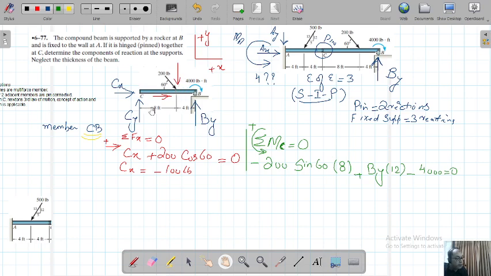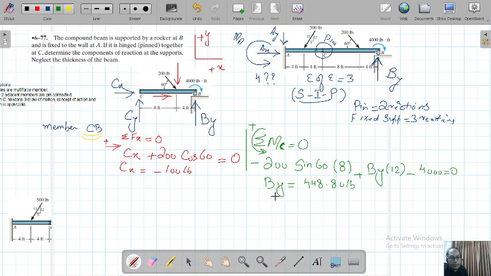All the values are numerical in this equation, and you can easily calculate your By. By is equal to 448.80 pounds. This is your By.